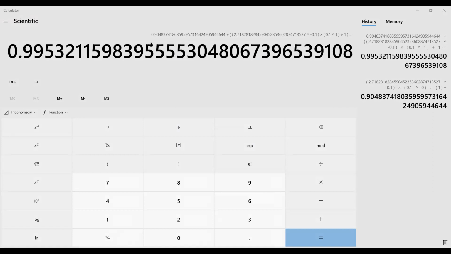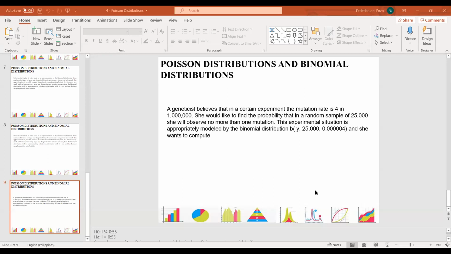Hindi po, 0.995, sir. Pero magkalapit po, kasi hindi ko po sinama yung sa may 0 po kasi nag-undefined po siya. 0 factorial is 1. Baka doon siya nag-error. Anyway, sa libro, ganun din yung sagot, 0.9953.